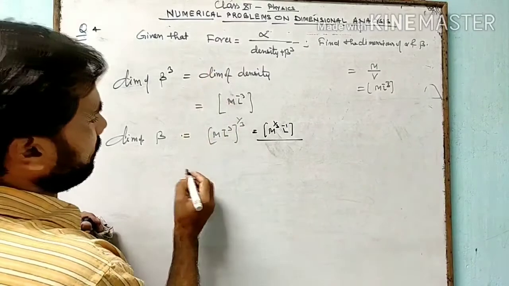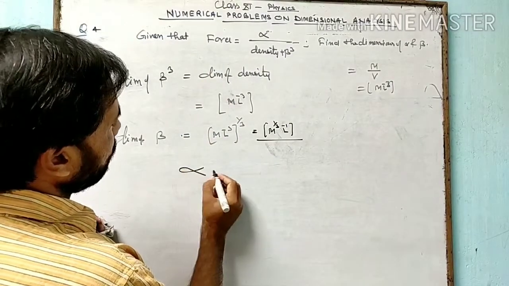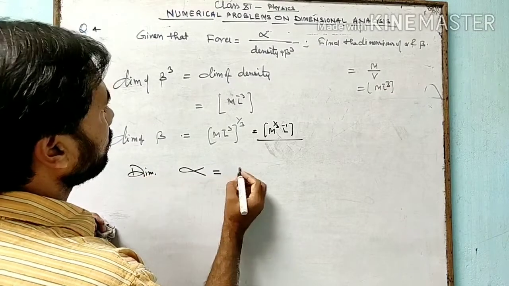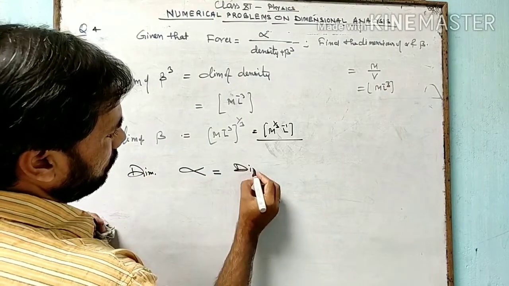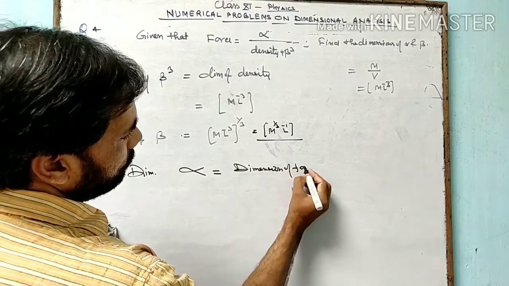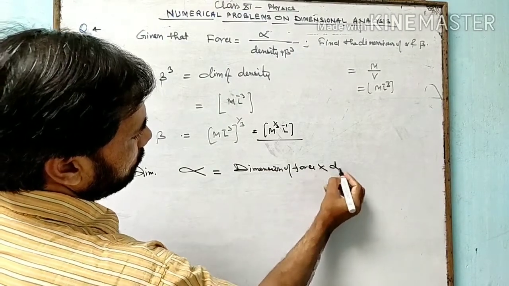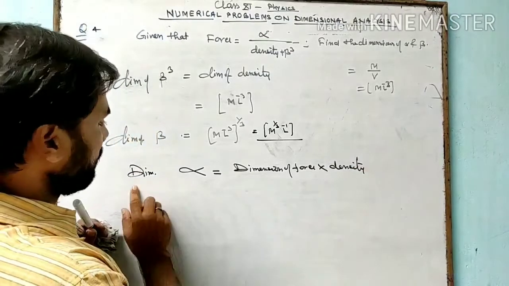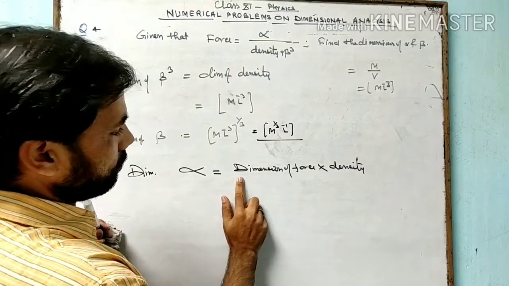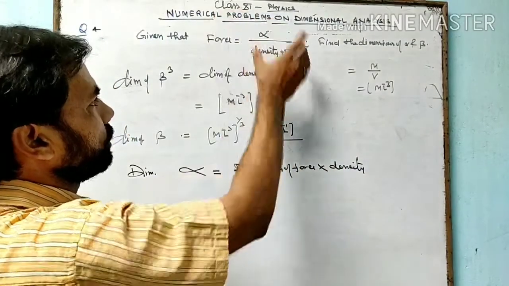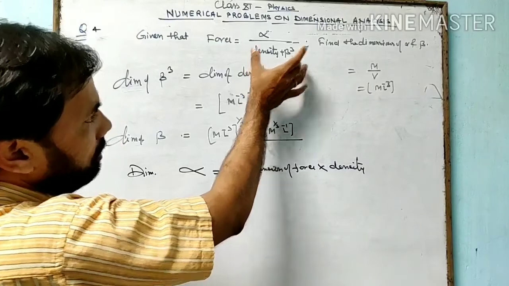Similarly, the dimension of alpha is equal to the dimension of force into density. The dimension of alpha can be written as the dimension of force into density, because alpha can be written as force into the density plus beta cube.